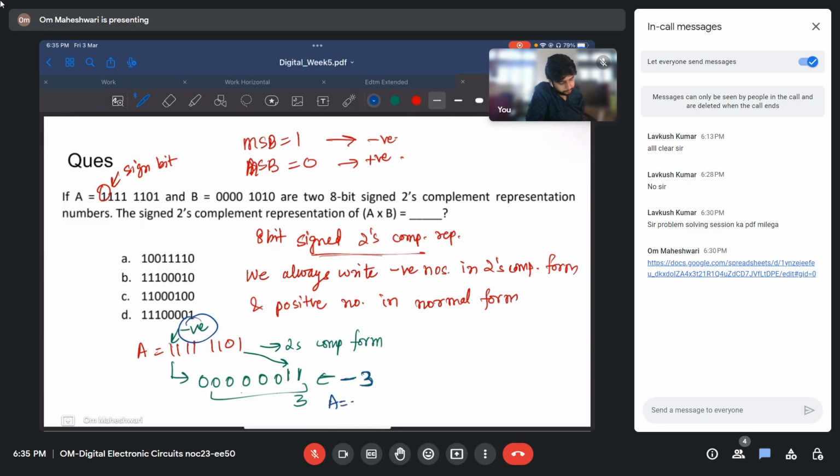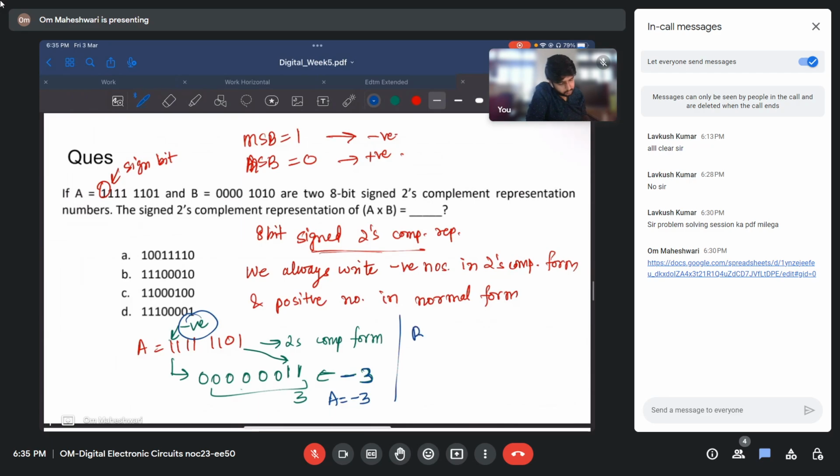A is minus 3. And B is 0 0 0 0 1 0 1 0. This is positive, so it is already in normal form. No need to take its 2's complement. This represents 1 0 1 0, which means 10.